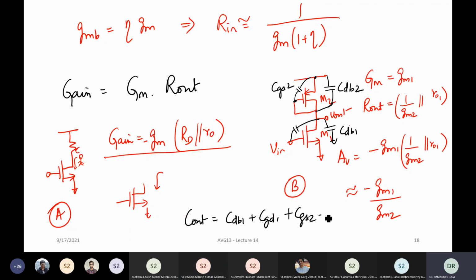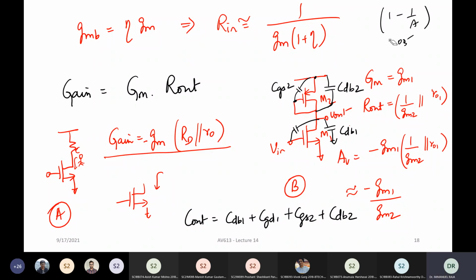So you have CGS2. And CGD1 times 1 minus 1 by AV, which is approximately equal to CGD. So if your gain is, let's say, 20, you'll have 1.05 or something like that.